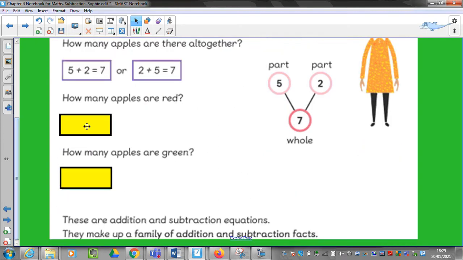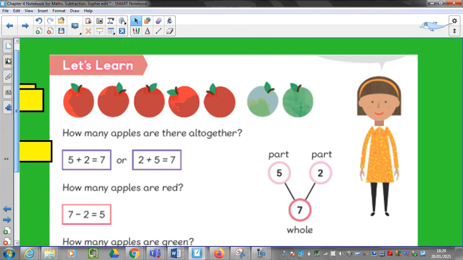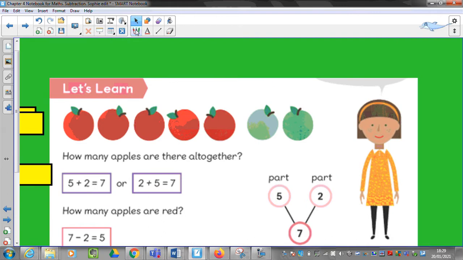How many apples are red? Ooh, so this time we are subtracting. So we've started with the whole number 7, take away 2 equals 5. So if we had 7 and we decided to take away these 2 green apples, we are left with 5. Excellent. Let's rub these out so we're ready for the next question.